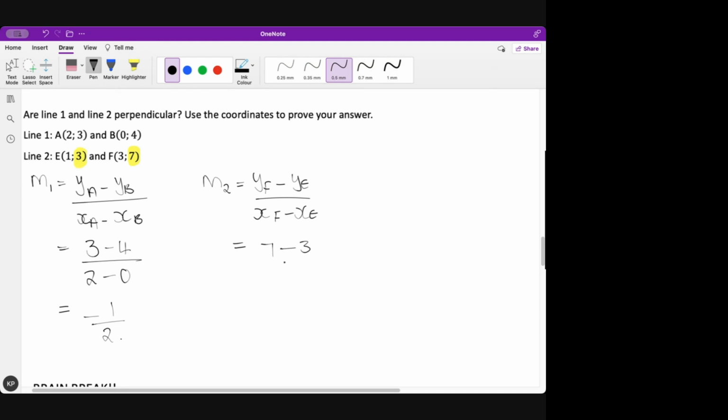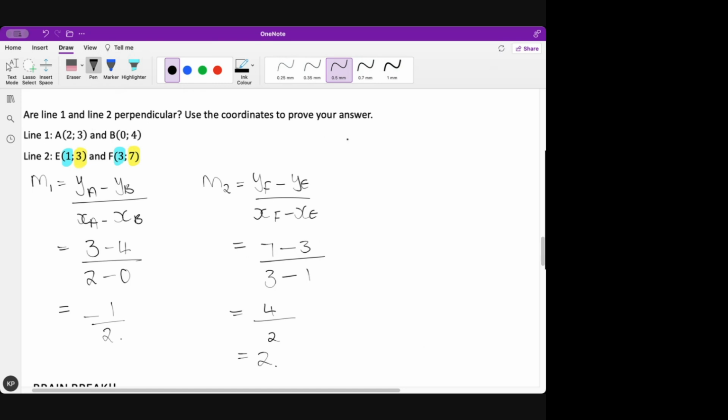So 7 minus 3 over x coordinate of F, which is 3, minus the x coordinate of E, which is 1. Again, we don't have the symbols and simplifying thing. So we have 7 minus 3, which is 4, divided by 3 minus 1, which is 2, and that is 2. And Senyane, I'm guessing that's what you had written in the first place. I was wondering what that 2 was for or where it came from.